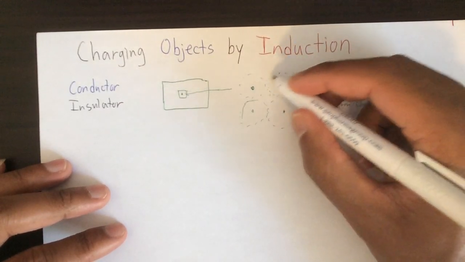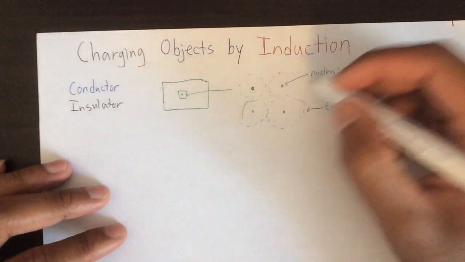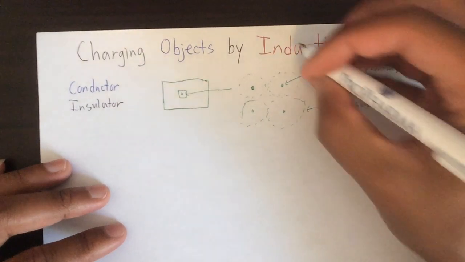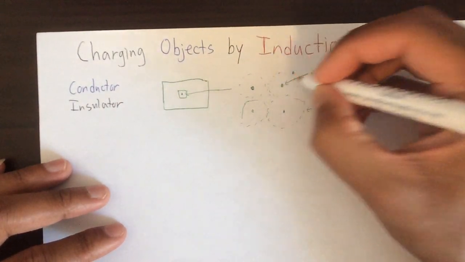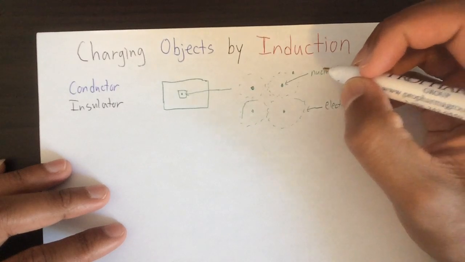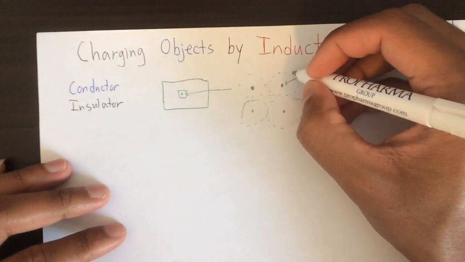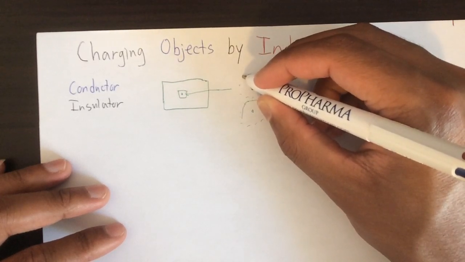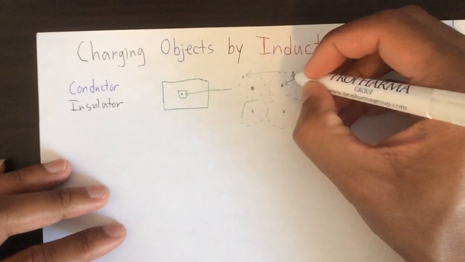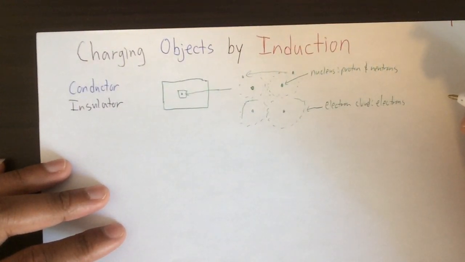They're stuck essentially. They cannot move throughout the material. The electron here will always stay with this nucleus in an insulator, versus in a conductor, the electron here can be pushed to the next proton over here because it's not bound. That's basically what a conductor does.